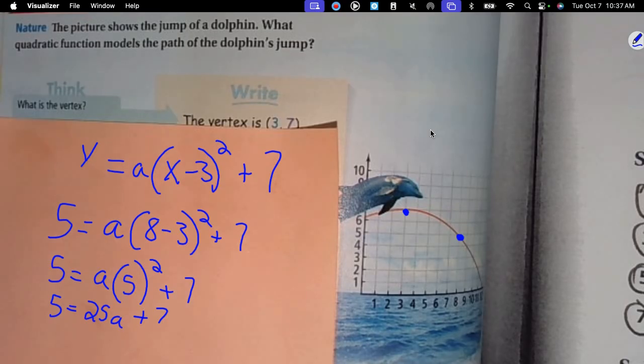How do I solve for a? Move your 7 first, but you subtract it. So you get negative 2 equals 25a, then what? Divide by 25, and that's your a, negative 2 over 25. That's a weird number. So that would be it.